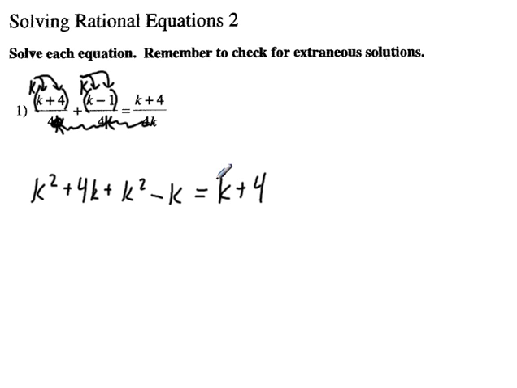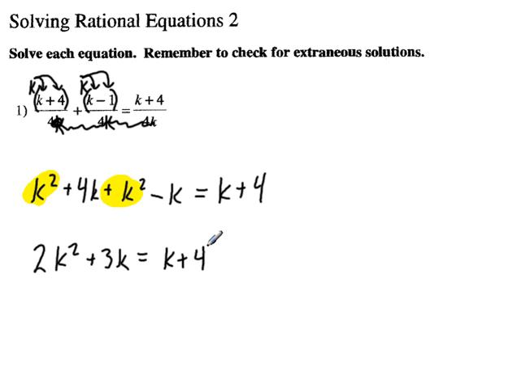So now we're combining like terms. So let's combine k squared plus k squared, and that's going to give us 2k to the second power. I have 4k minus k, which is 3k, equals k plus 4.